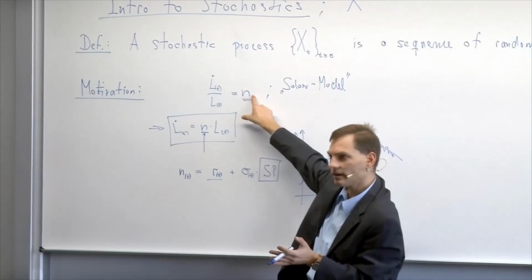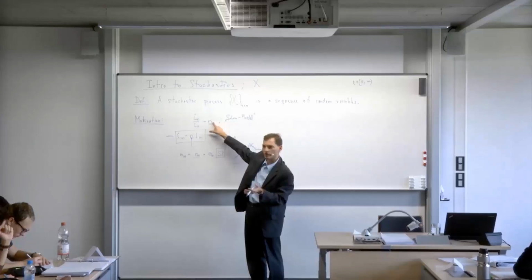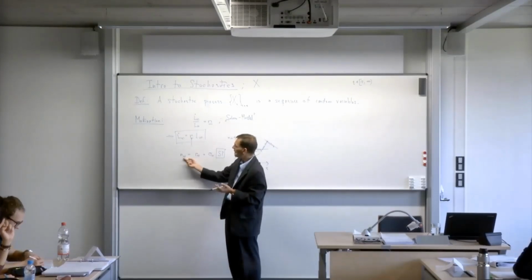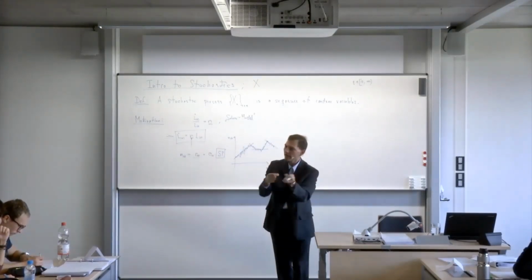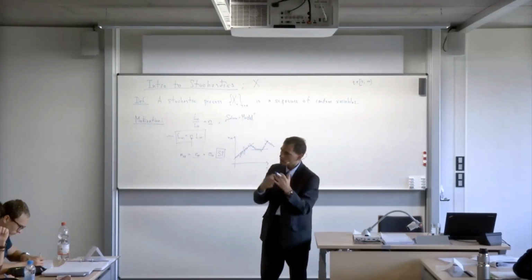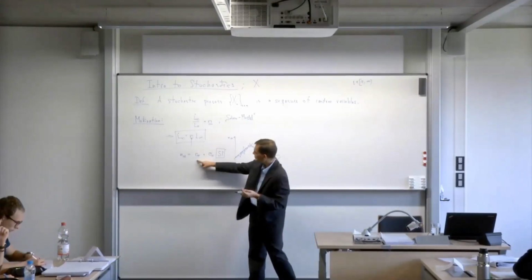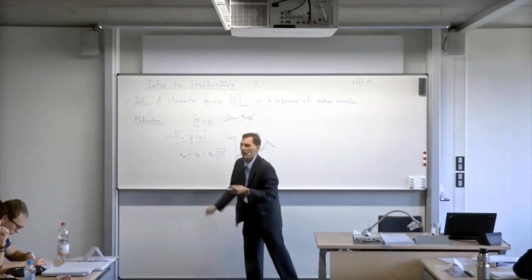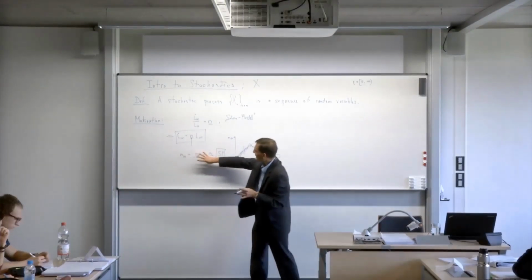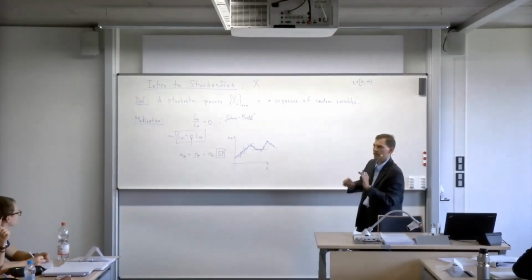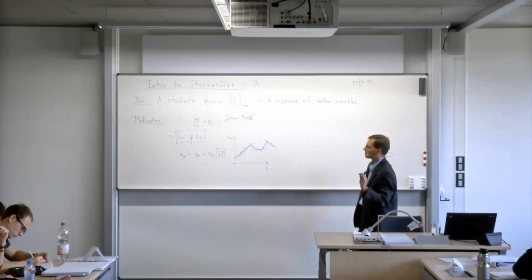That's not realistic, right? Population growth has changed over time. So if we set up a more realistic model, we have to assume that n is also a process. The growth rate of labor is also changing over time as society changes. And that is captured by this equation. We will see later on that this is close to a stochastic differential equation, but wait a second, that is what we will see during the class today.